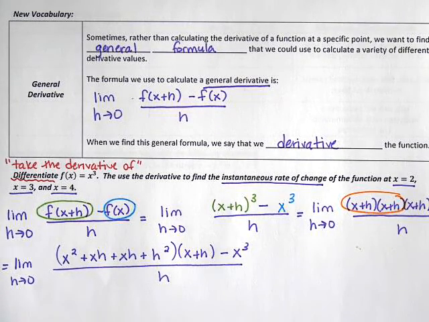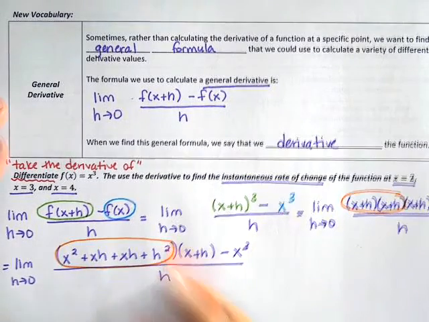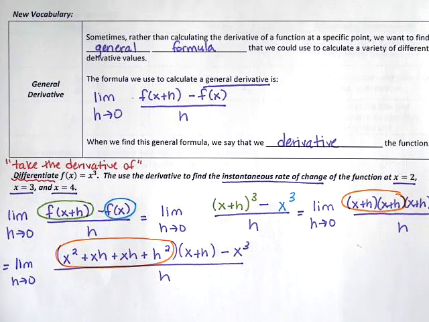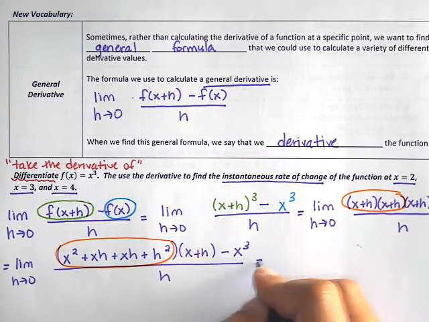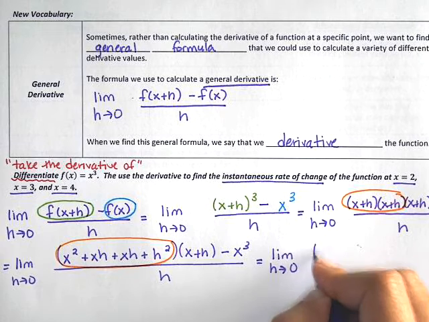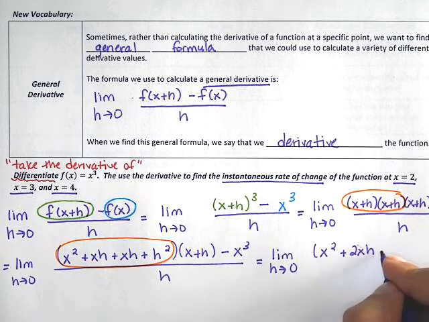So this part of my problem right here comes from multiplying these two pieces together. Now I'm going to simplify. So instead of x plus h and x plus h, I'm going to simplify that to 2xh. Sorry, plus 2xh.